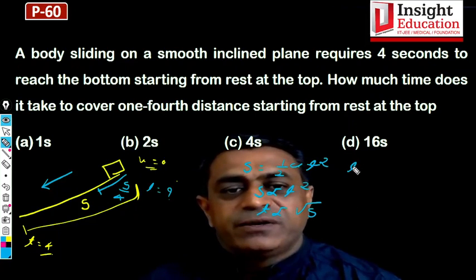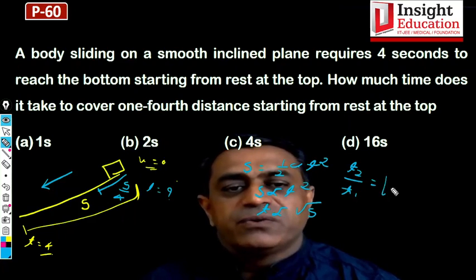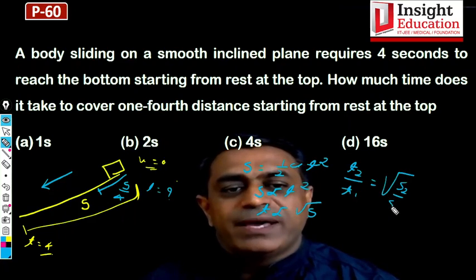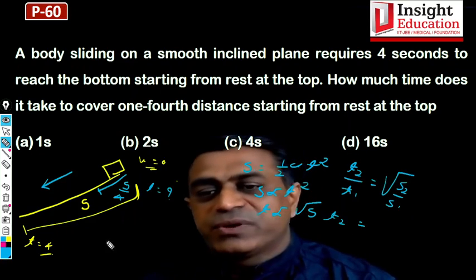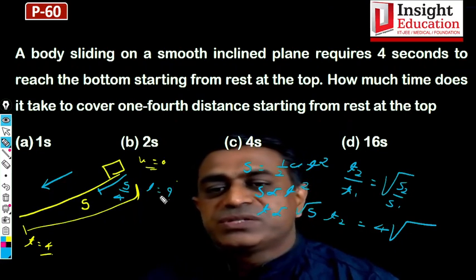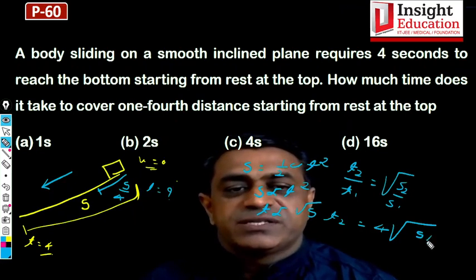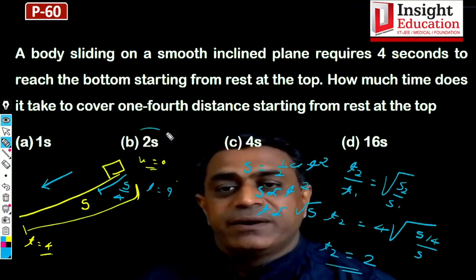So I can write t2 by t1 is equal to under root s2 by s1. So t2 is equal to t1, the total time, which is 4, into under root of s by 4 divided by s, that is 4 by 2. So t2 is equal to 2 seconds.